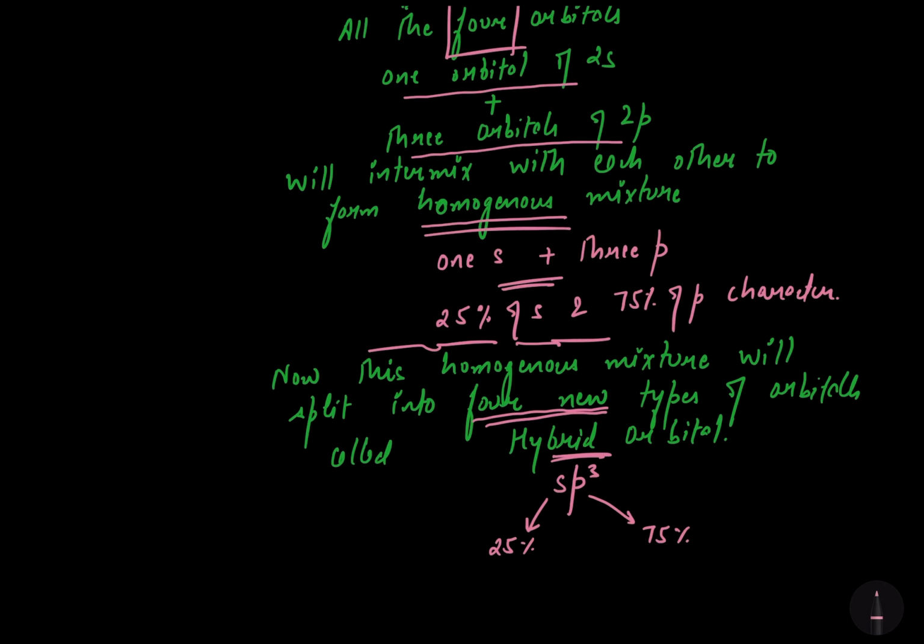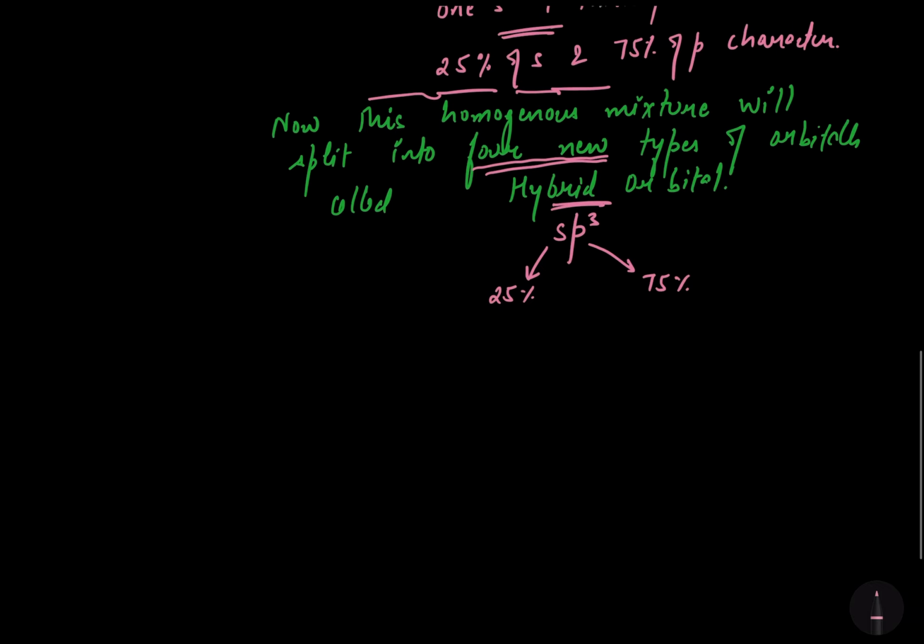Here 1 orbital of S and 3 orbitals of P have mixed, and they will form an equal number of new hybrid orbitals. Assume if 5 orbitals were mixing, then we will get 5 hybrid orbitals. If 3 atomic orbitals are mixing, then we are going to have 3 new hybrid orbitals. So here 4 atomic orbitals are mixing, so we are getting 4 new hybrid orbitals, and the name of those hybrid orbitals will be sp3.